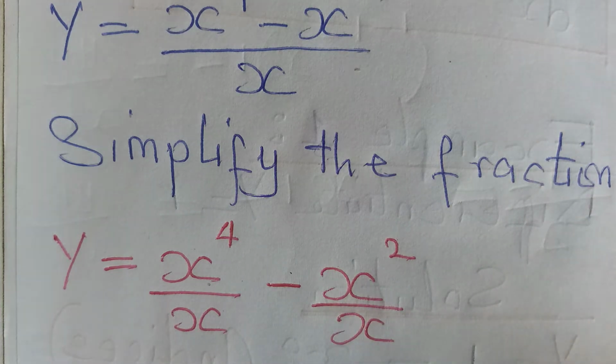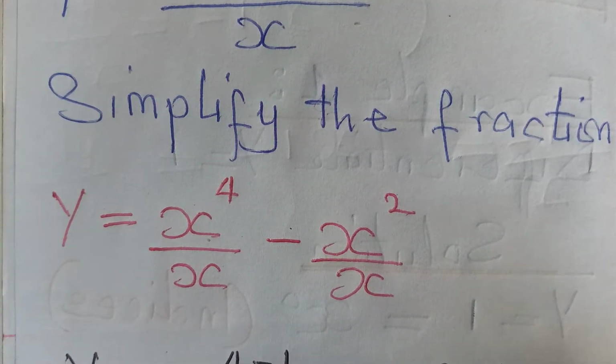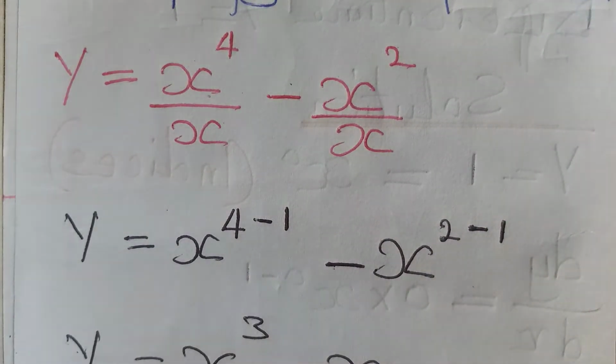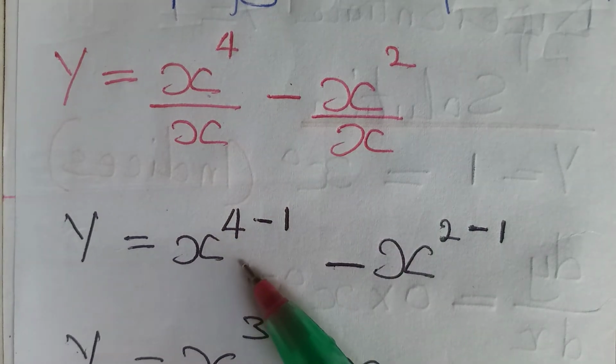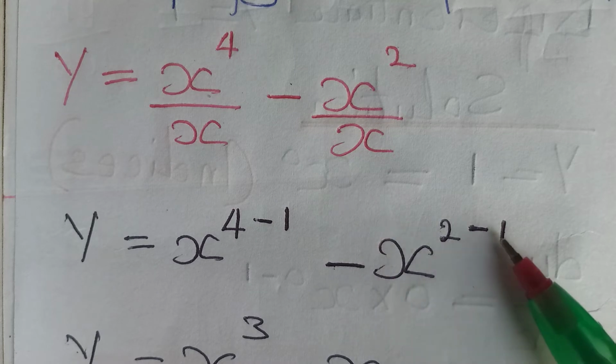Then remember we said in one of my videos that differentiation and indices go hand in hand. You cannot separate one from the other. So you simplify this fraction after you have arrived at this stage, and that will be x raised to power 4 minus 1 minus x raised to power 2 minus 1.